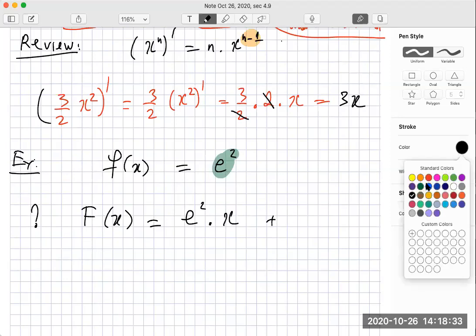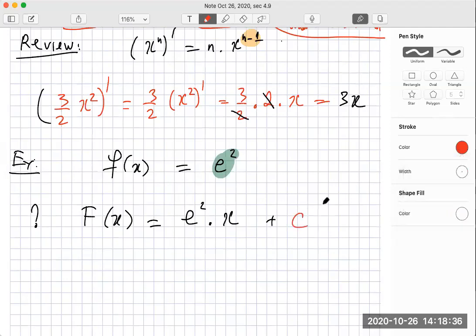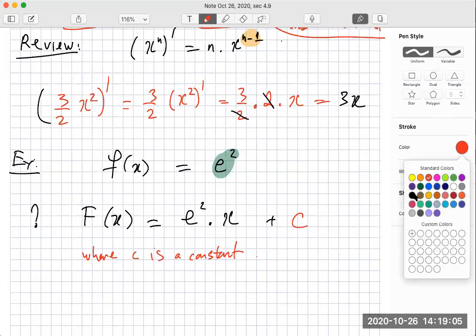Thank you, Carson. Great job. So we see that e squared is simply a number, since e is 2.7 something. Don't be scared. And c is a constant. Very good.